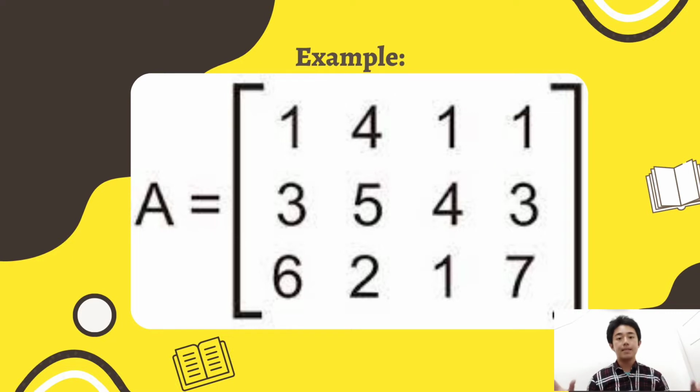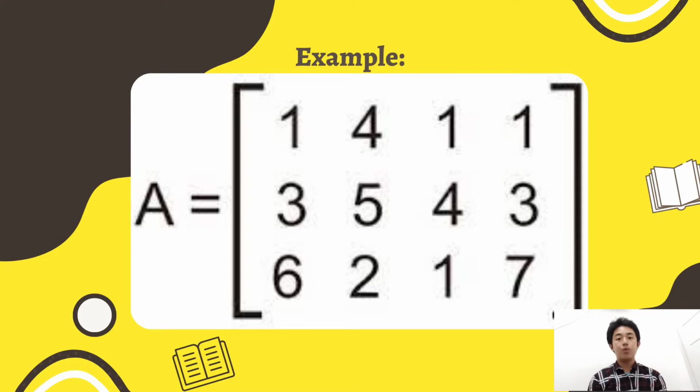Let us say the first row is 1, 4, 1, 1 because it is horizontal and it is the top one, so we call it the first row. The second row is 3, 5, 4, 3, and the third row is 6, 2, 1, 7. That is the rows.